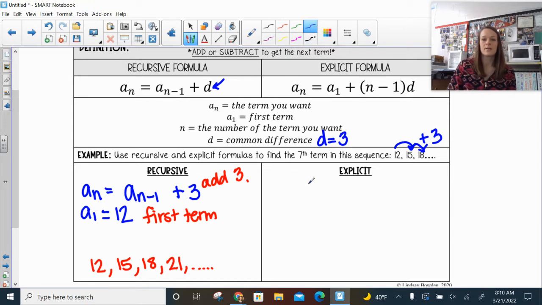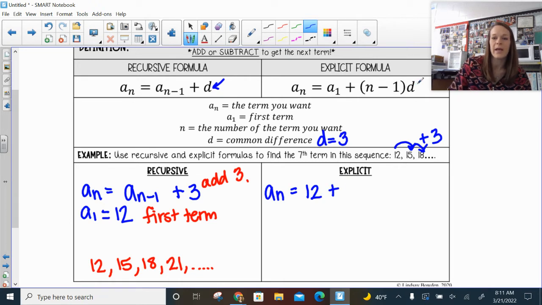Okay. Now let's look at the explicit formula. The explicit formula is a little bit more useful as far as finding a specific term in the sequence. So I'm going to start with a n. A n will still stay a n for now. Then my a1 will go first. Well, a1 again means that is your first term, so the first term is 12.